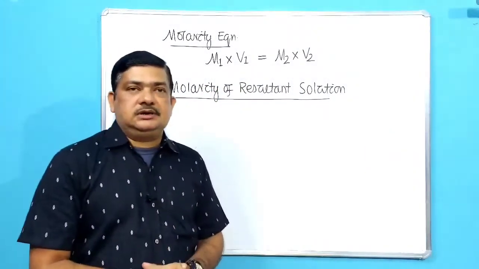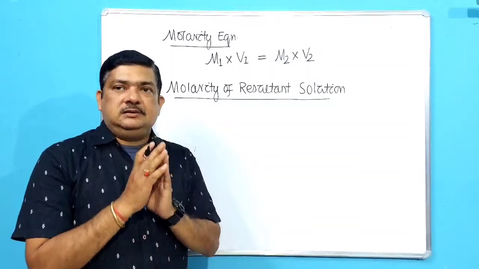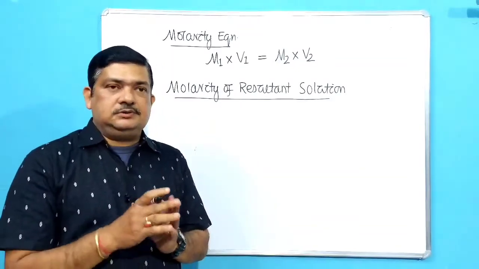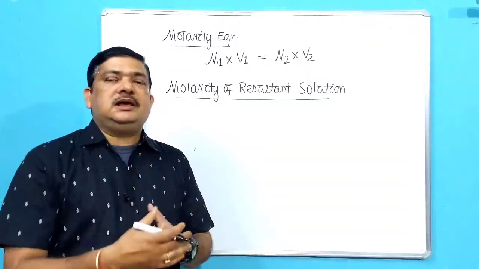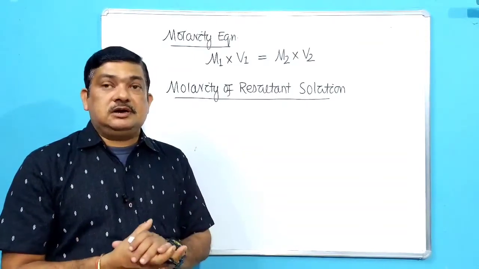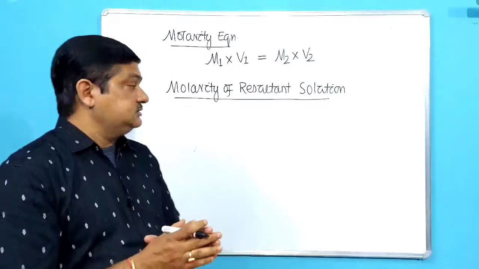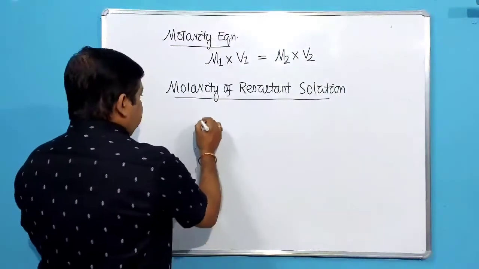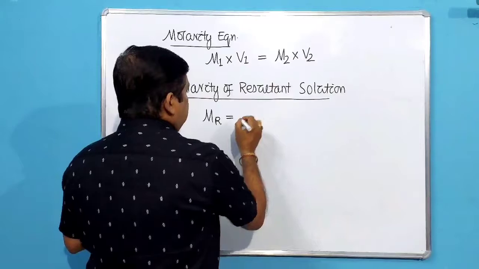Suppose we are taking a solution of sodium hydroxide. If we take solutions of the same solute in different volumes and different molar concentrations and add them, what will be the result? What will be the molarity of the final solution? Final means the resultant solution. The molarity of the resultant solution will be found by using this formula.